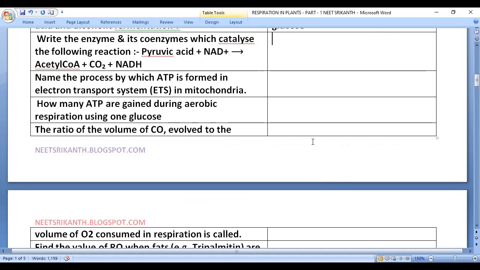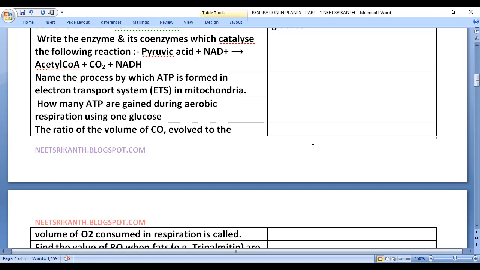Write the enzyme and its coenzymes which catalyze the following reaction: pyruvic acid along with NAD plus forms acetyl coenzyme A, carbon dioxide and NADH.